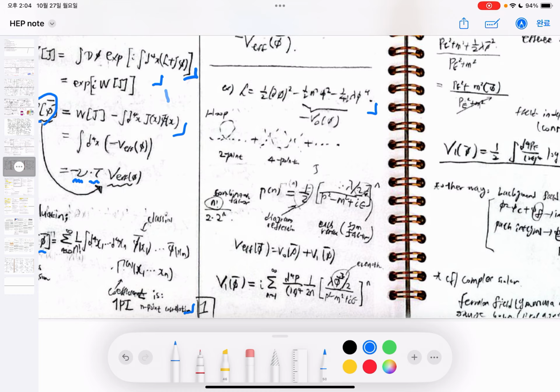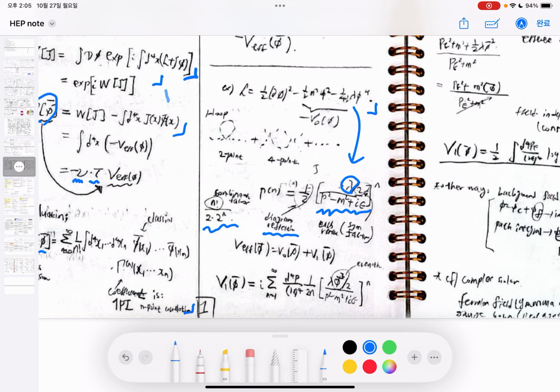And if we consider one loop, then the n-point correlation function has the following form. This is the n-th power of the propagators, including the vertex from the quartic self-interaction terms of the scalar field, and some combinatoric factors, and the diagram reflection double counting is multiplied here.